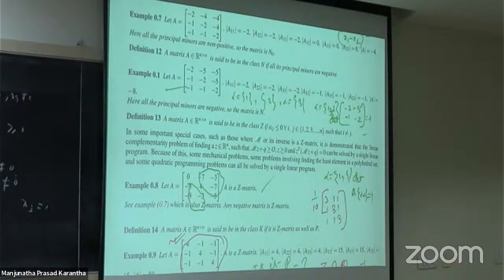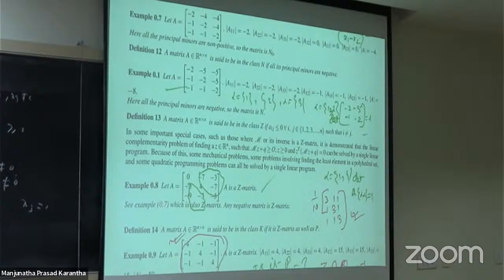This non-negative matrix has certain properties, and I can get the Z intersection P, but I do not know that any non-negative matrix inverse will be given. If I give you an arbitrary non-negative matrix, it will not be a Z matrix.